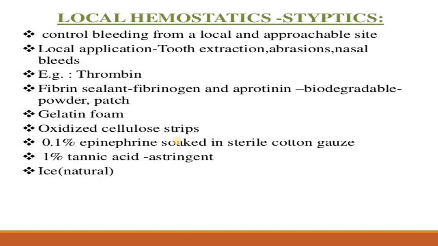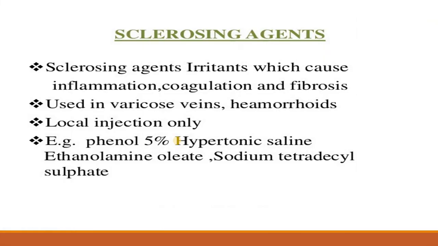For example, thrombin and fibrin foam, fibrin and aprotinin, and biodegradable powder. Next one is gelatin foam, oxidized cellulose strips, 0.1% epinephrine in sterile clotting gauze, and next one is 1% tannic acid, an astringent, with ice.